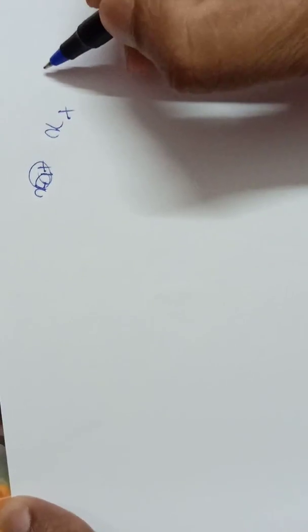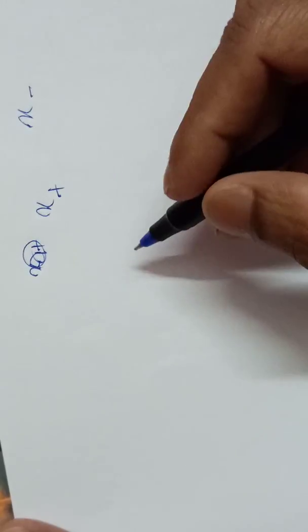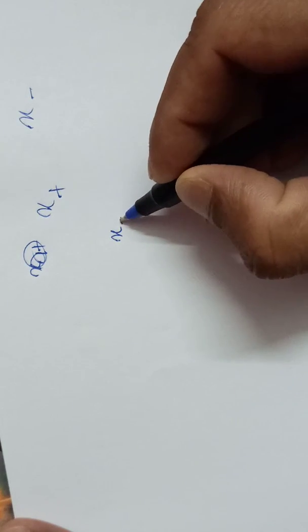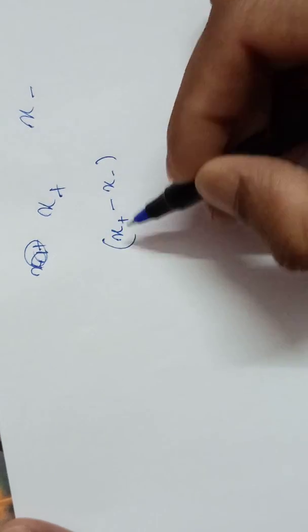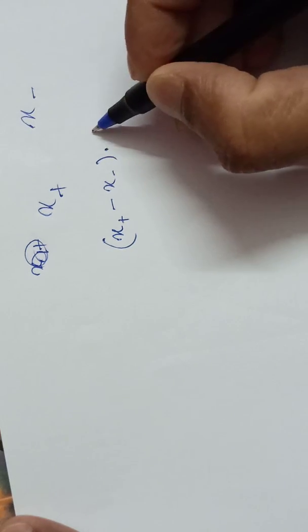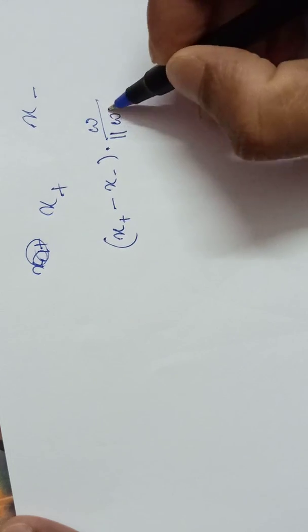So therefore, if we have a positive data x plus and a negative data x minus, then the difference between these two will be x plus minus x minus, multiplied by w by norm w.